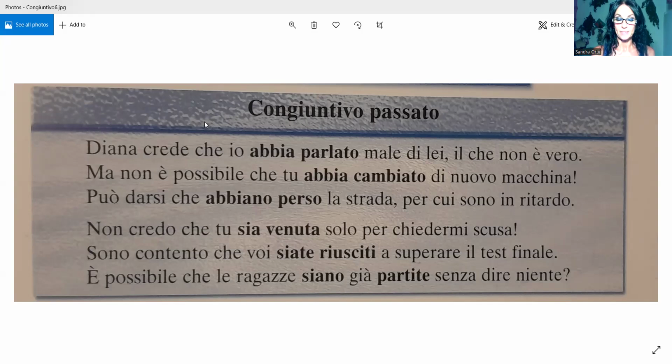As I said in the previous video, with the congiuntivo we have two different sentences together.